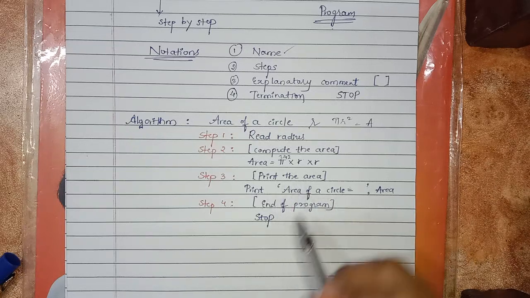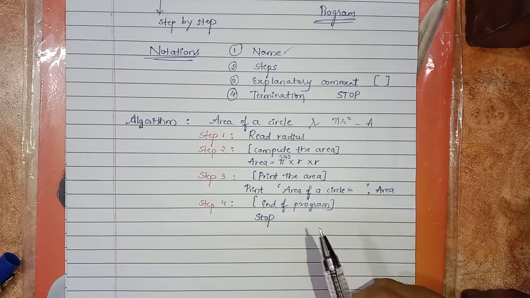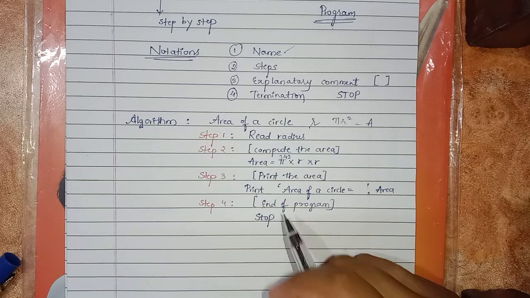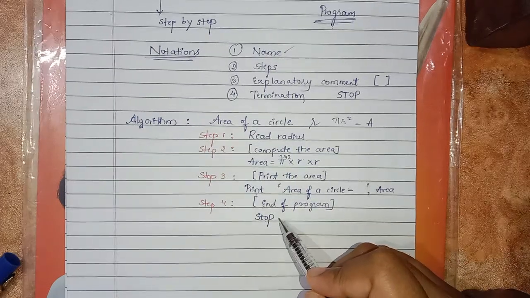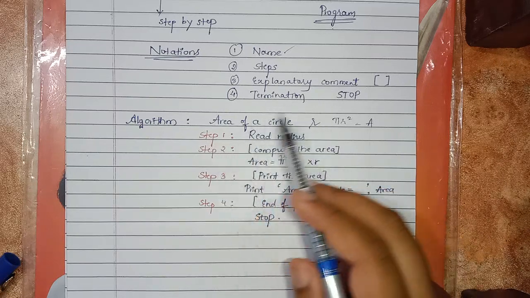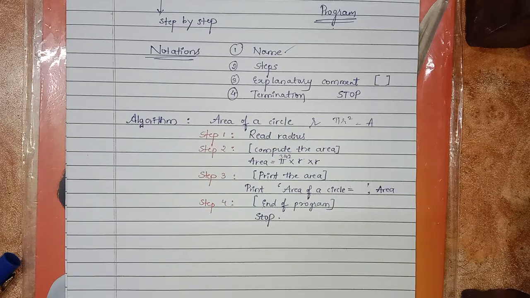So this should be printed, no? It should be printed on paper, or visible on your monitor, on your screen. So that also you have to give, and at the end you have to terminate the program. Understood? This is the way of writing an algorithm to compute the area of a circle.